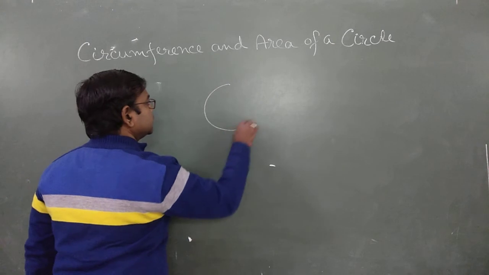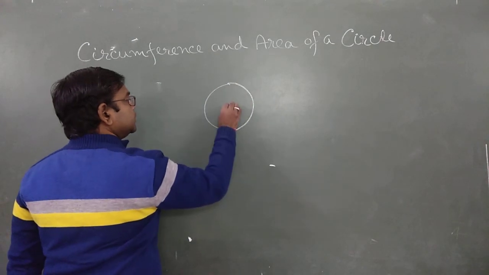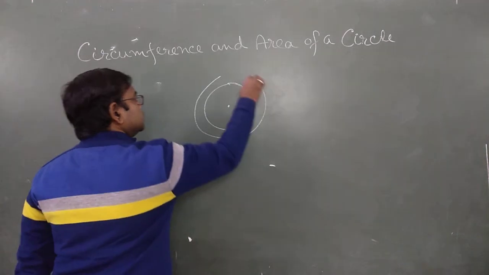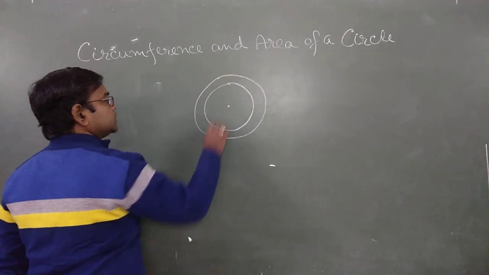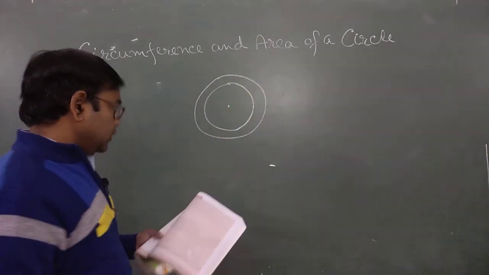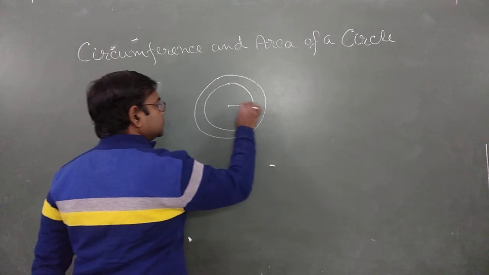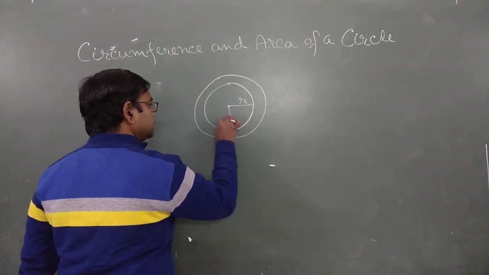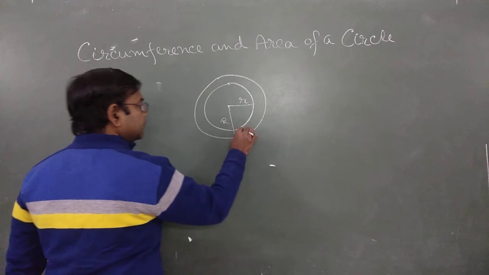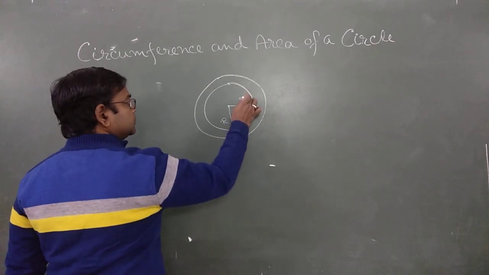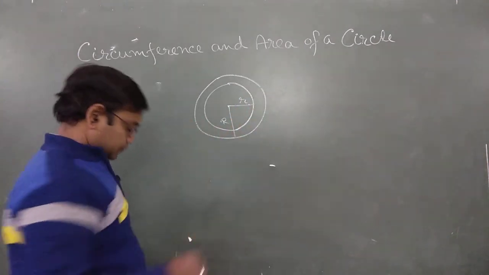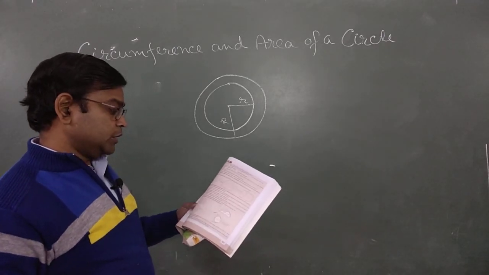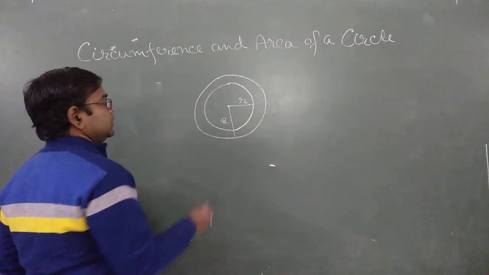There is one circle with this center, and there is another circle with this center. Suppose they are having radius small r and this is your capital R. Area between these two circles means this part. The area enclosed between the circumference of two concentric circles is 16 pi centimeter square.